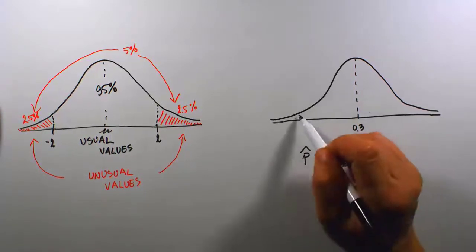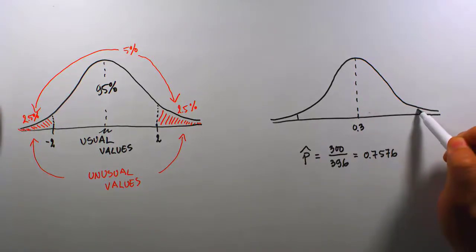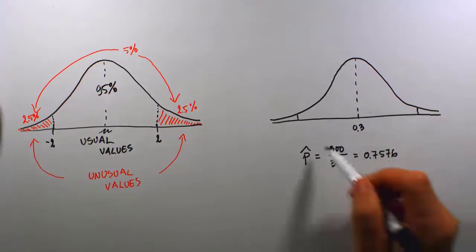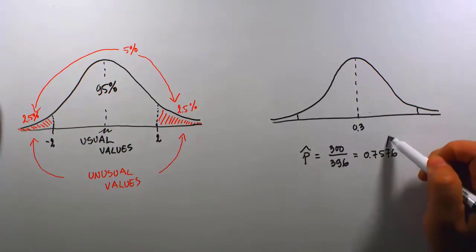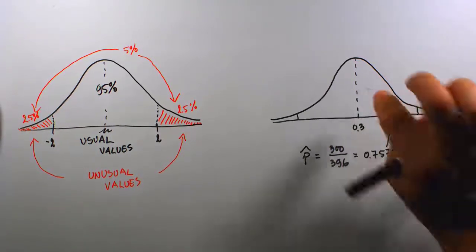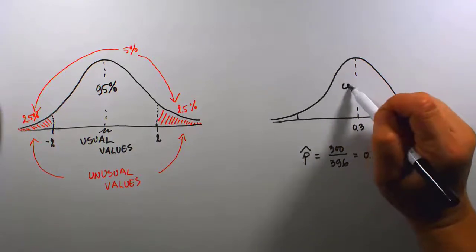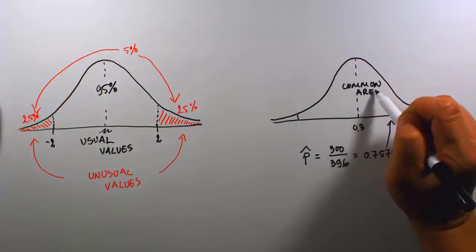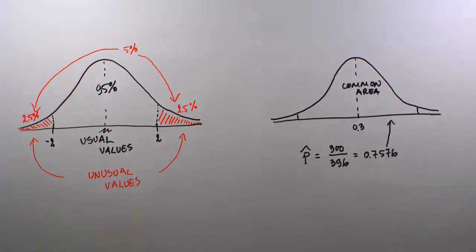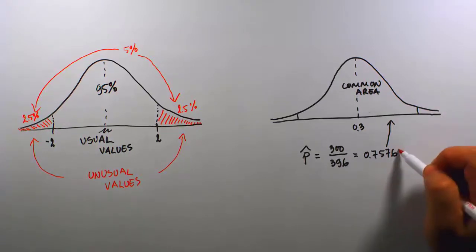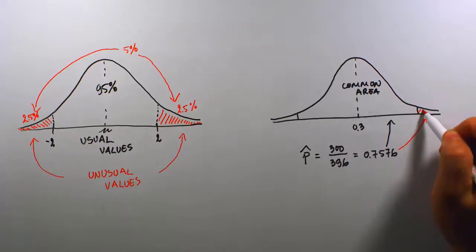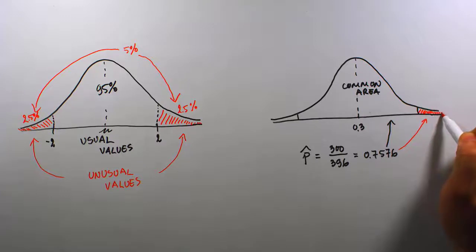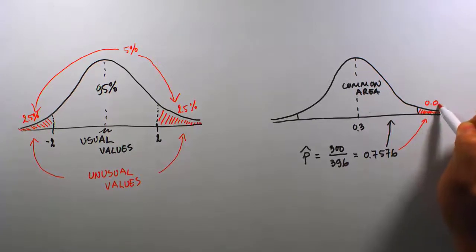However, we want to find out further whether or not this sample proportion is still inside of the common area here, or it would fall into this unlikely area, being only as small as 0.01.